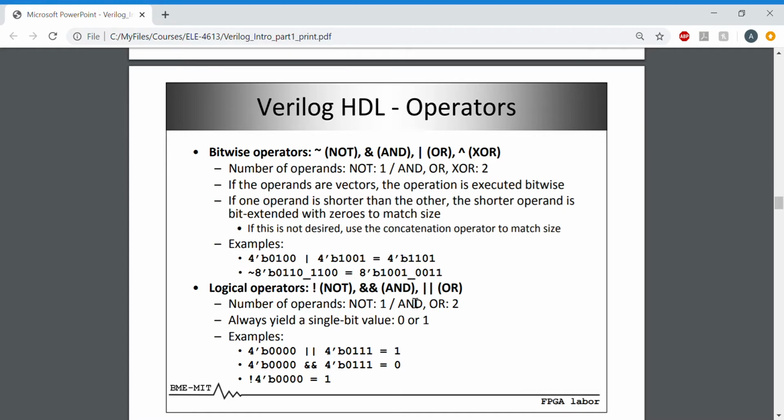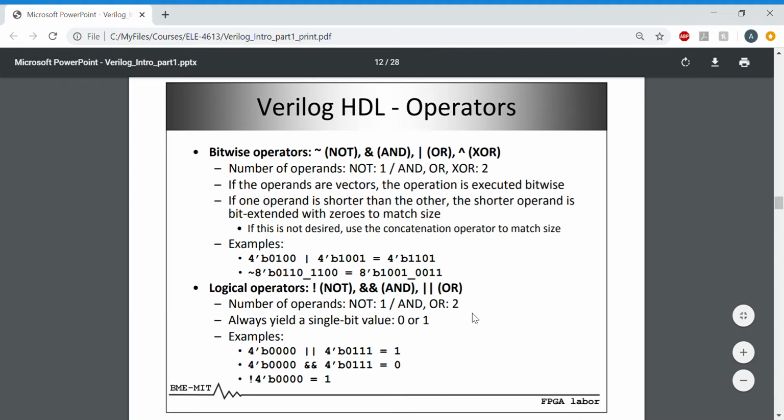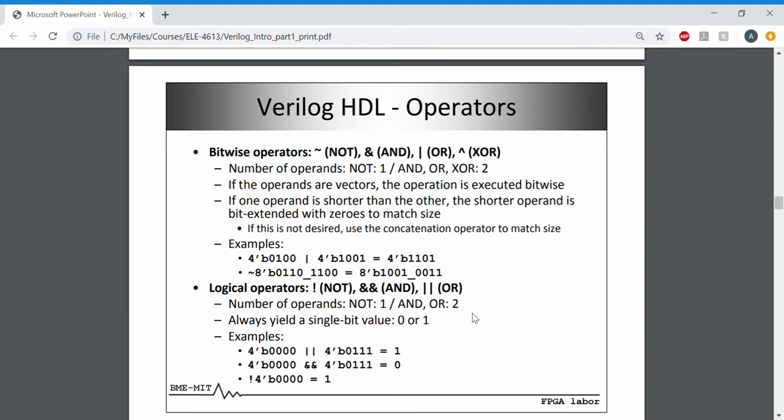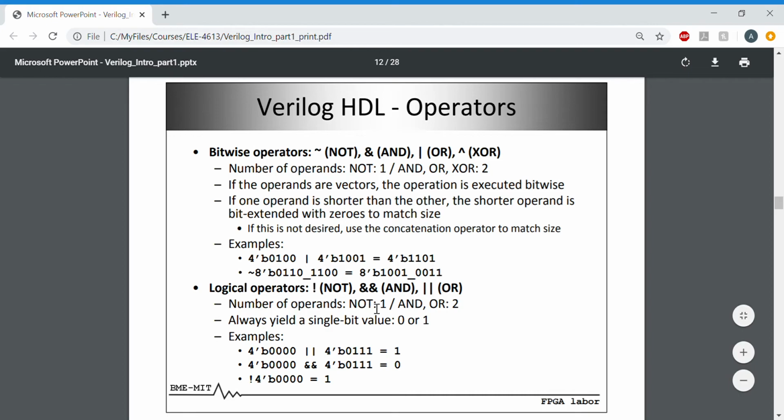The logical operators are different. The logical operators are trying to calculate a logic, so the result of a logic is always true or false. The number of operands: not is 1 and or is 2. They always yield a single bit value, 0 or 1.